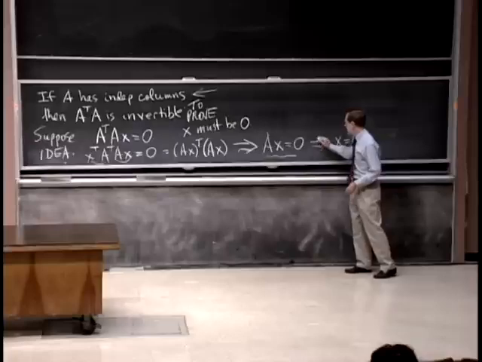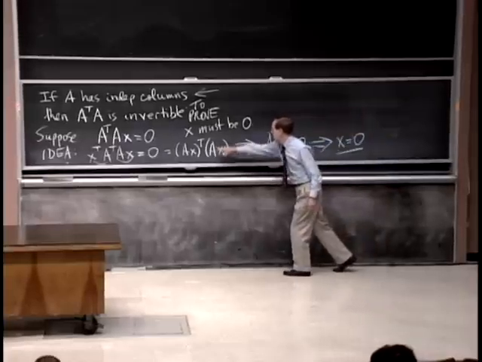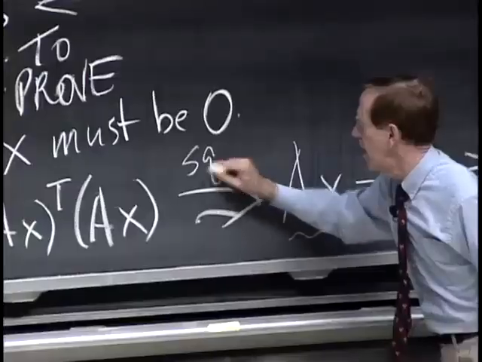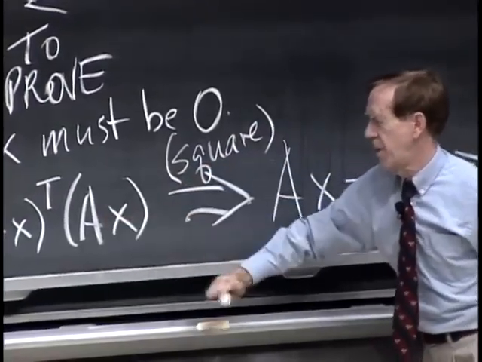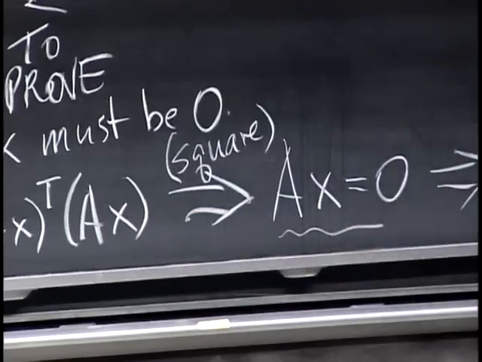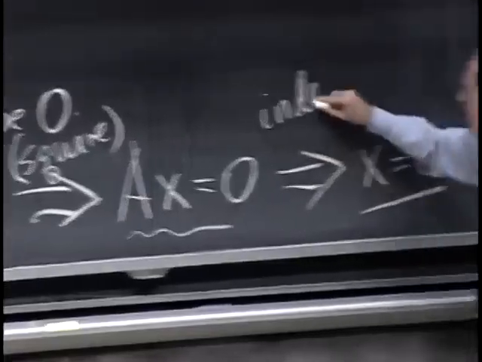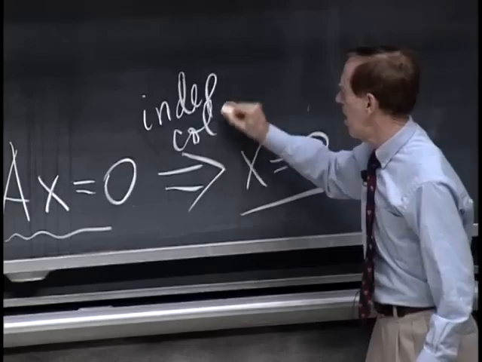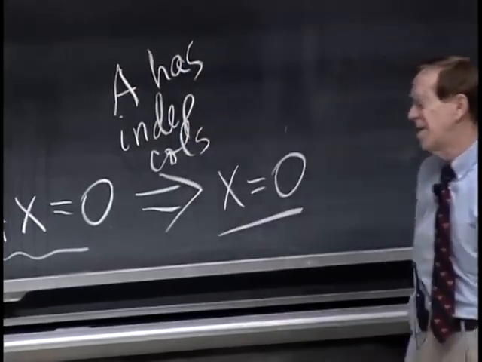Do you see why? If Ax equals 0, we use the observation we made in parentheses: that was a square, which is 0, so the thing has to be 0. Now we're using the hypothesis that A has independent columns.